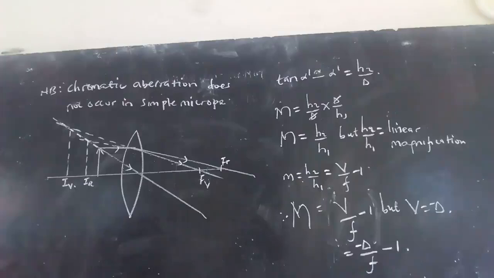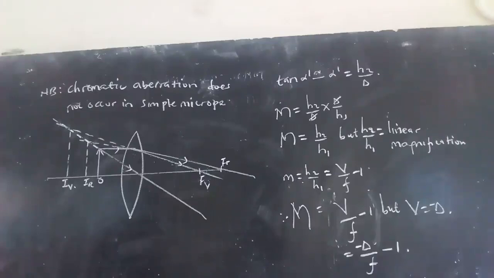okay? We shall say, when an object O is viewed through a converging lens, used as a magnifying glass, various colored virtual images corresponding to say red and violet rays are formed at slightly different positions, IR and IV, along the principal axis, respectively, as shown above.